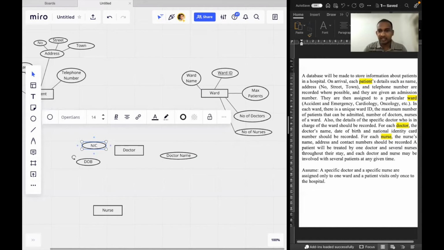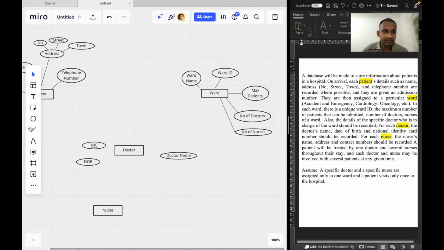Let's say NIC. So you can take this national identity card number as a unique identification. Okay, therefore we can put the NIC as the primary key for this entity. Okay, let's draw the lines.